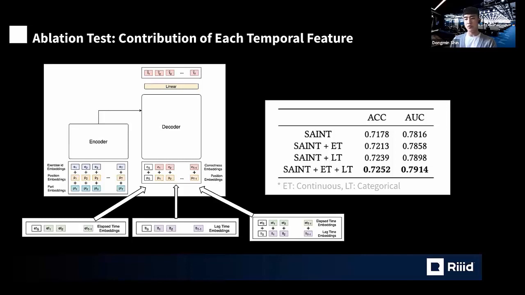I made two variants of SAINT+. The first one is the elapsed time only model, and the second one is the lag time only model. And I found that when using a single temporal feature, the lag time added model shows a greater performance increment compared to the elapsed time model, but using both features shows the best performance.